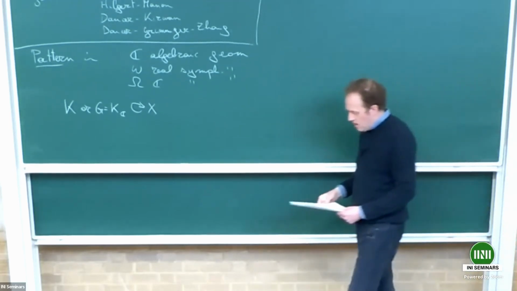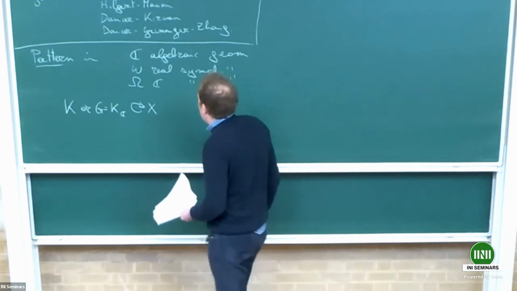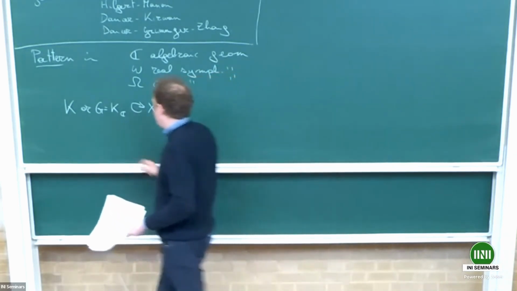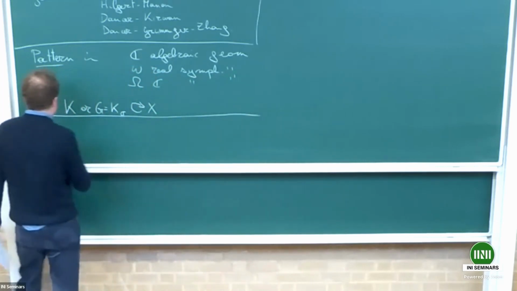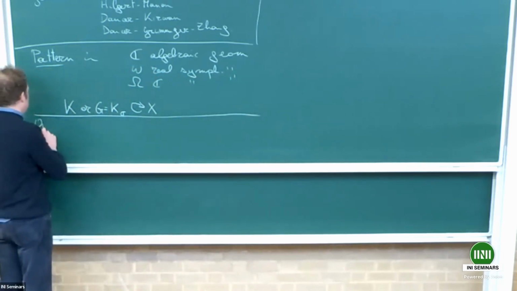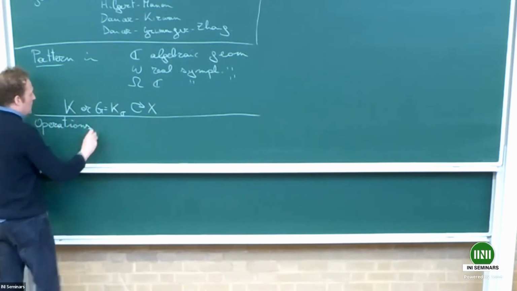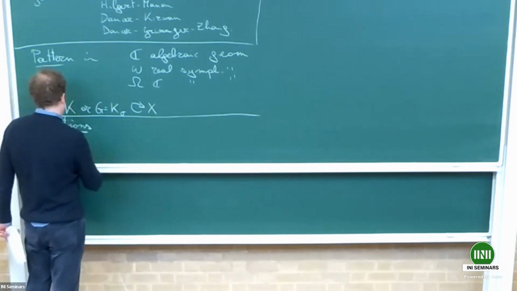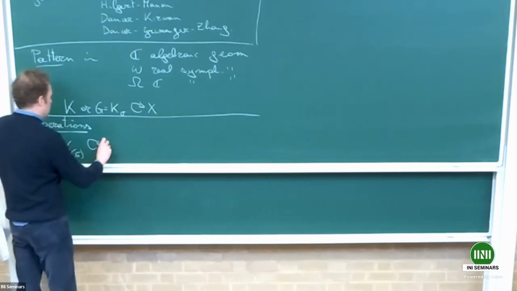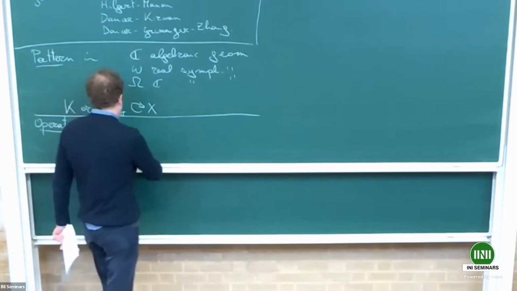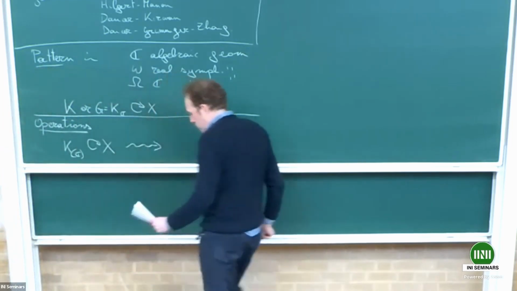And so what is the pattern that I want to think about? There are these operations in equivariant geometry that start from a space where either the compact group or its complexification acts on some space X. And out of that data, you get a new space.